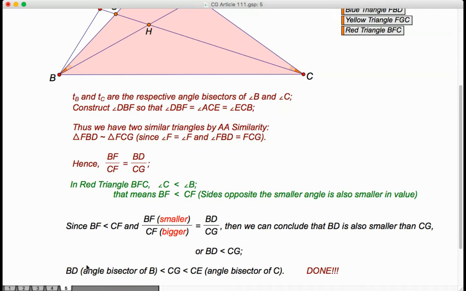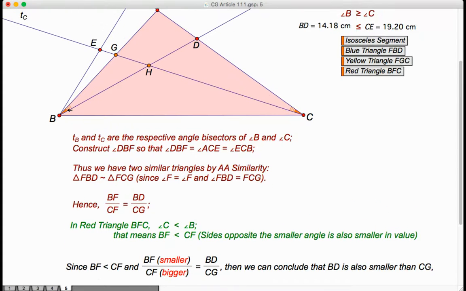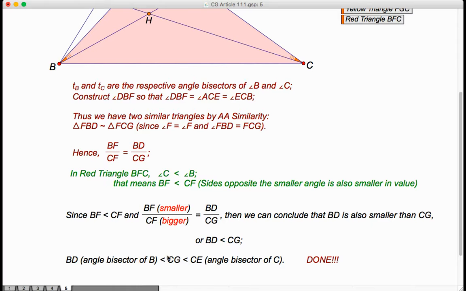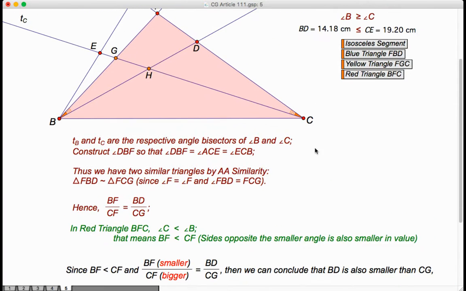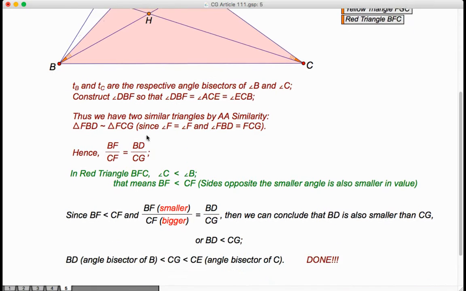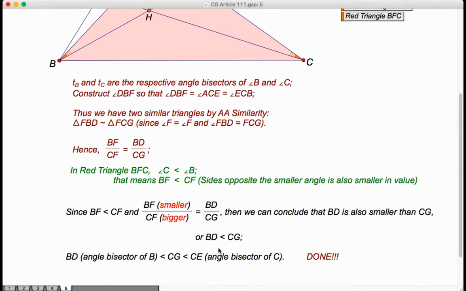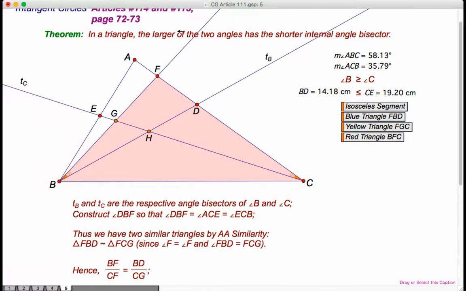Now I will put the results together. BD, which is actually the angle bisector, is smaller than CG. Where is CG? That's CG. But CG is also smaller than CE, because this is where E is and this is where G is. And therefore, we have that result and we have just proved the theorem.